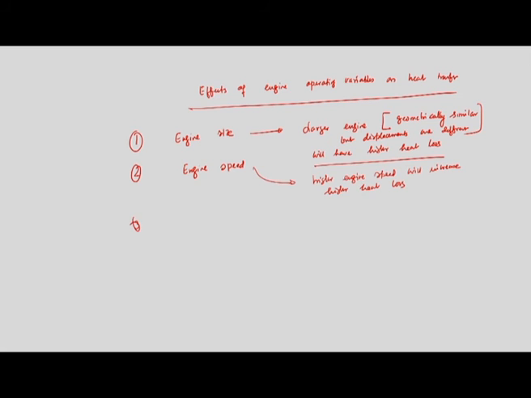Number 3 is also very important: load. As the load on the engine is increased, like going uphill or pulling a trailer, the throttle must be opened further to keep engine speed constant. So, that means when an engine is going uphill or pulling a trailer, we need to open the throttle area.